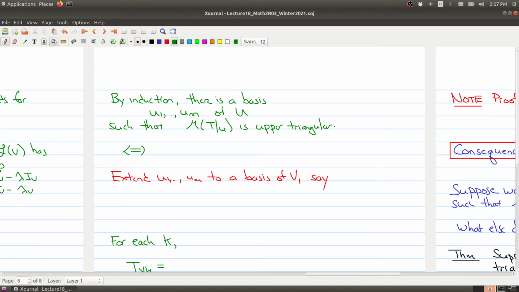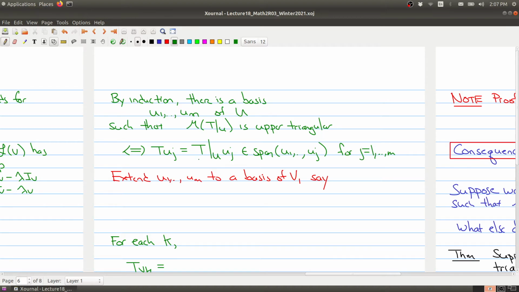Okay, so i.e., using the properties of what it means for a matrix to be upper triangular, this basis has to satisfy the property that T restricted to U, evaluated at uj, is inside of the span of u1 up to uj for j equaling 1 through m.